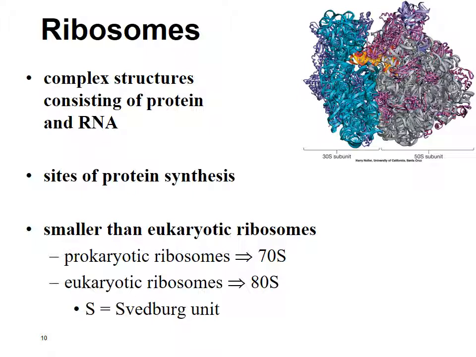This refers to the sedimentation coefficient, which is a measure of the rate of sedimentation velocity in a centrifuge. So the faster a particle travels, the greater the sedimentation coefficient, or S value. The heavier or larger particles normally have larger S units.